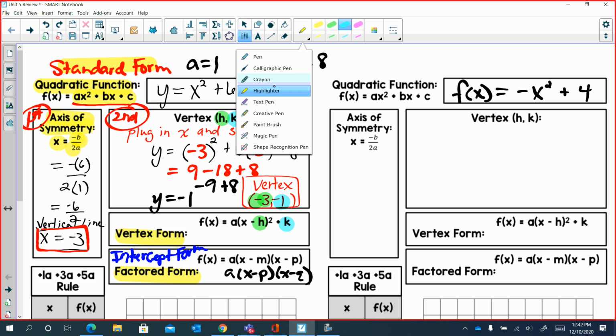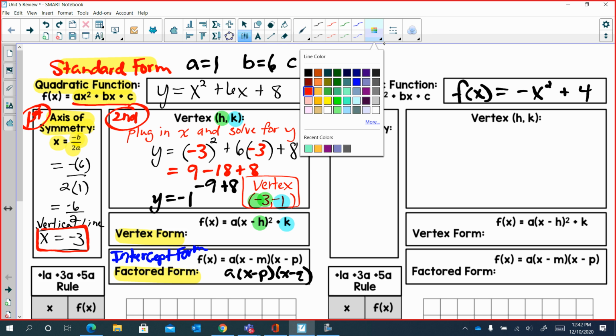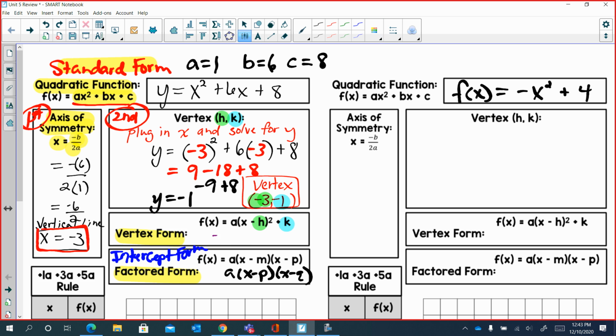So that means the vertex form is going to equal, you can say 1 parentheses, but I don't really need that 1, but I'll leave it there for right now. This is going to be x plus 3 squared. Remember, you got to do the opposite, and then minus 1. That is our function, that f of x. Yeah. So anything inside grouping becomes opposite. Now, like I said, you don't necessarily need that 1, so you could just have x plus 3 in parentheses squared minus 1.